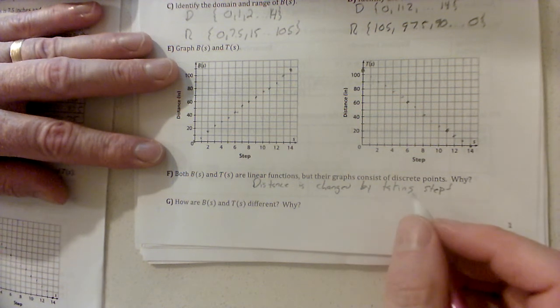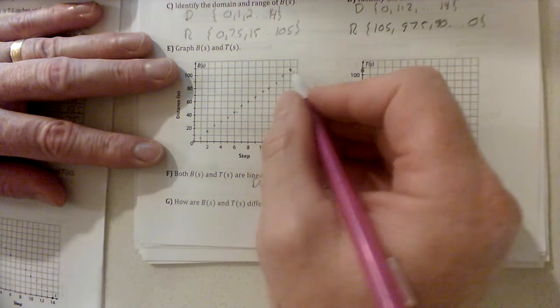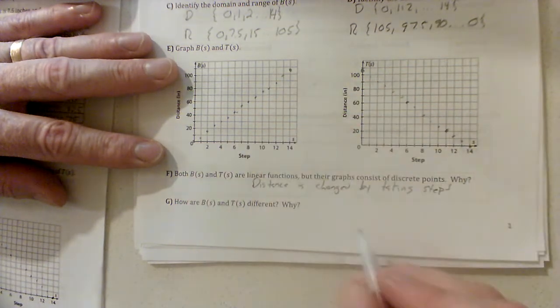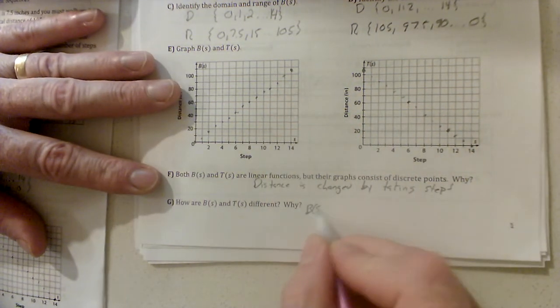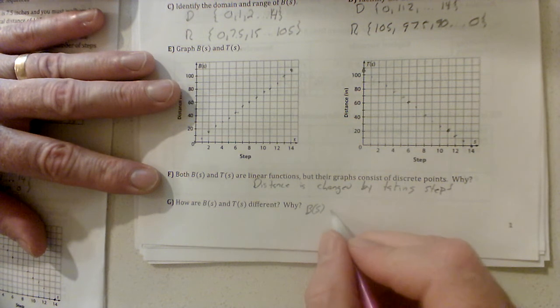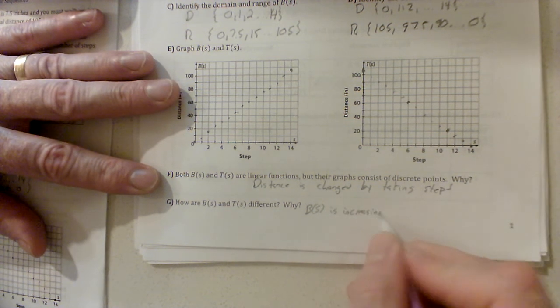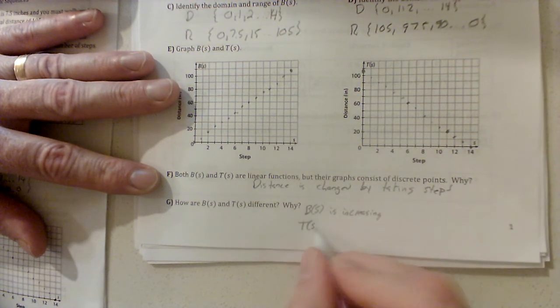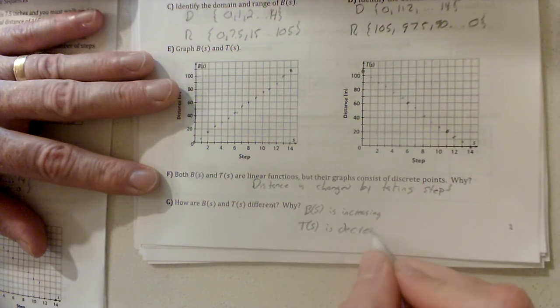And that's why we see this. Their graphs change with consistent discrete points. There is no straight line. You never take part of a step. And how are they different? Well, from the bottom, B of S is increasing. And the distance from the top is decreasing.